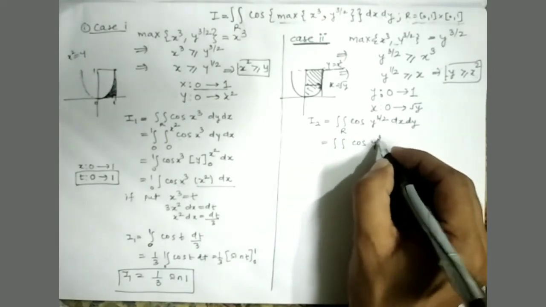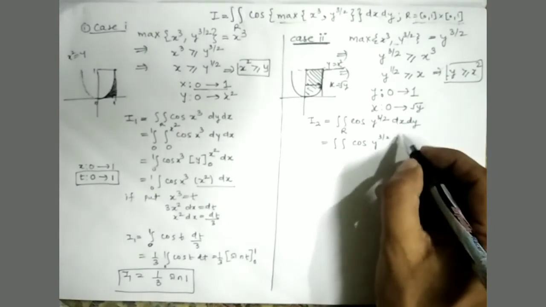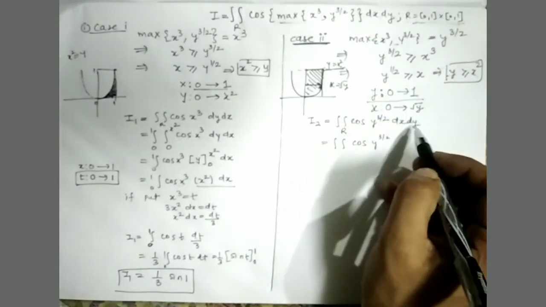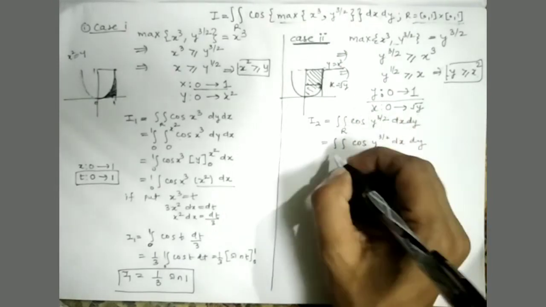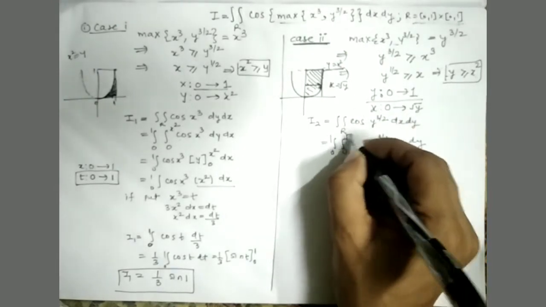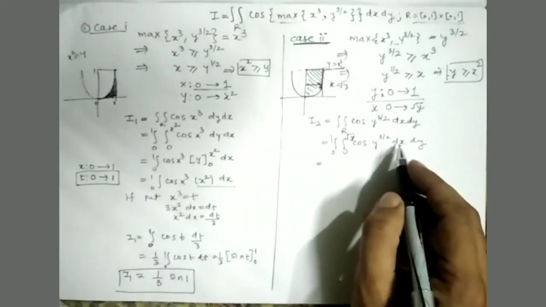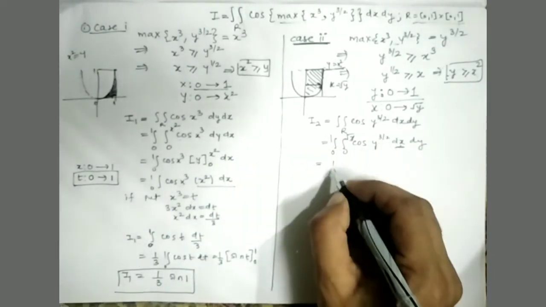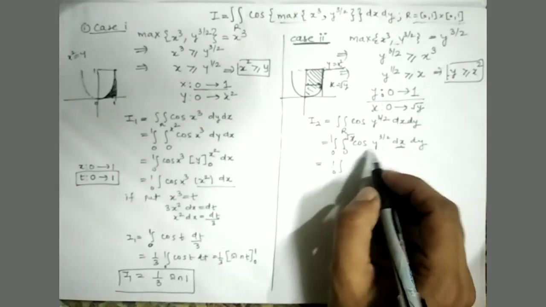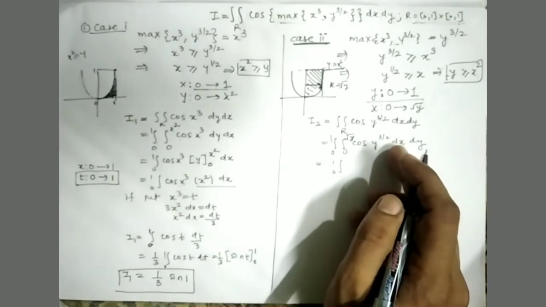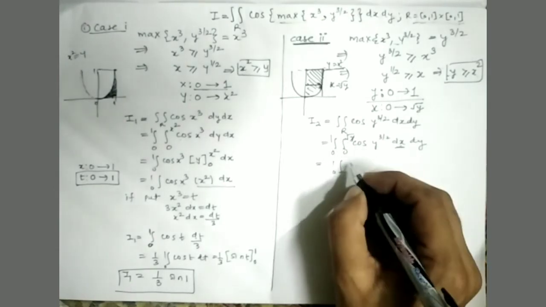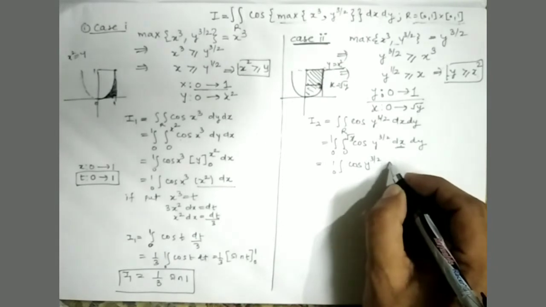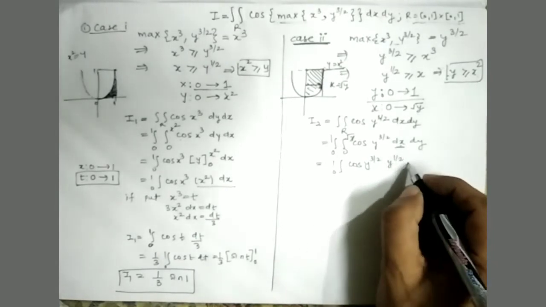The limits are constant for y, so the y limit will be outside. The limits for y are 0 to 1, and for x are 0 to root y. For dx, cos y raised to 3 by 2 is constant, so it goes outside, and the integral of dx is x. Substituting upper limit root y and lower limit 0, the answer is y raised to 1 by 2 dy.